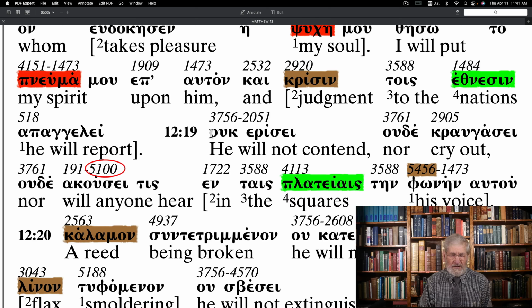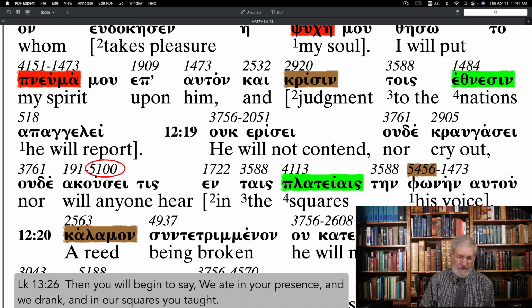And then in verse 19 it continues, ouk erisei, he will not contend. Now this still is part of that quote of Isaiah. Oude kraugasei, nor cry out. Oude akousei tis en tais plateiais tEn phonEn autou, nor will anyone hear his voice in the squares. But it says in Luke 13:26, Jesus says, "Then you will begin to say, Well, we ate in your presence, and we drank, and in our squares you taught."